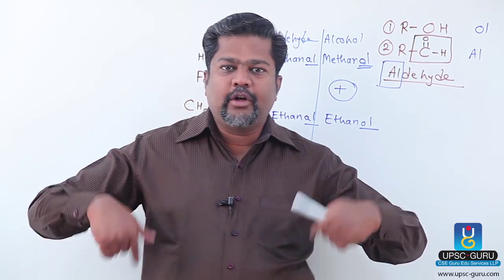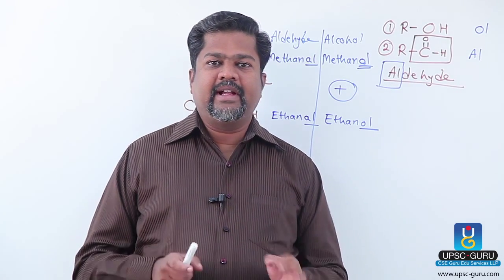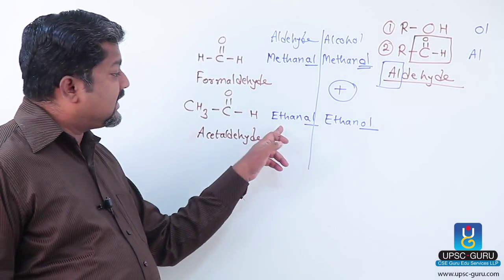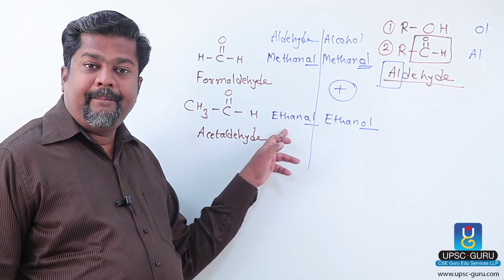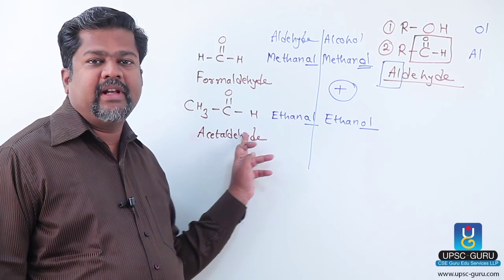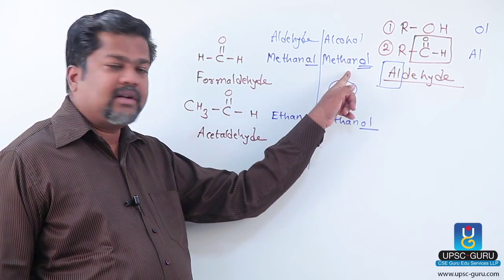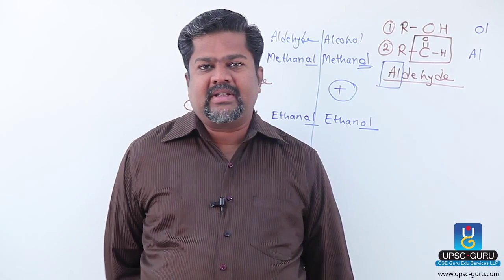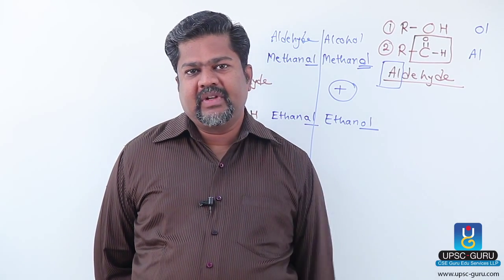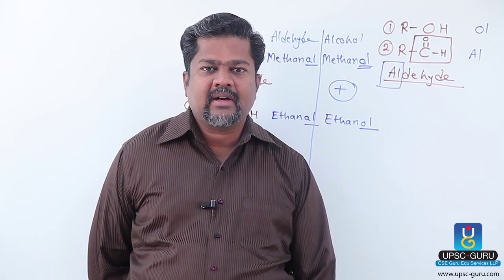As long as ethanol is there in his body, ethanol will be converted into acetaldehyde, and then after converting all ethanol into ethanal, it will start converting methanol to methanal, and then the symptoms of poisonous impacts start showing.